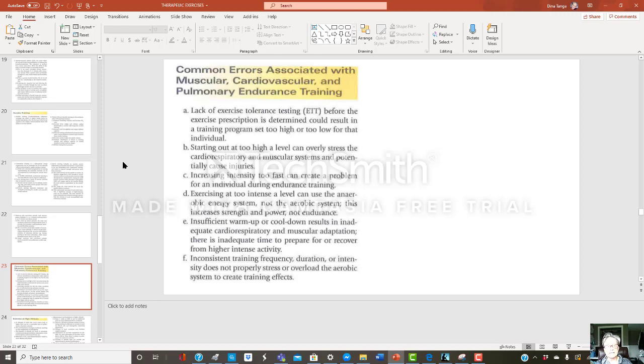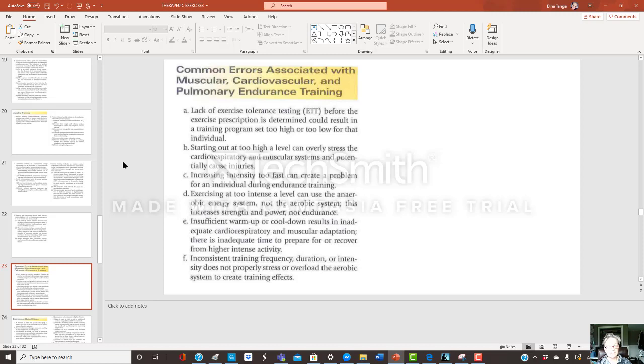Increasing intensity too fast can create a problem for the individual during endurance training. Exercising at too intense a level can use the anaerobic energy system, not the aerobic system. This increases strength and power, not endurance. Insufficient warm-up or cool-down results in inadequate cardiorespiratory and muscular adaptation.